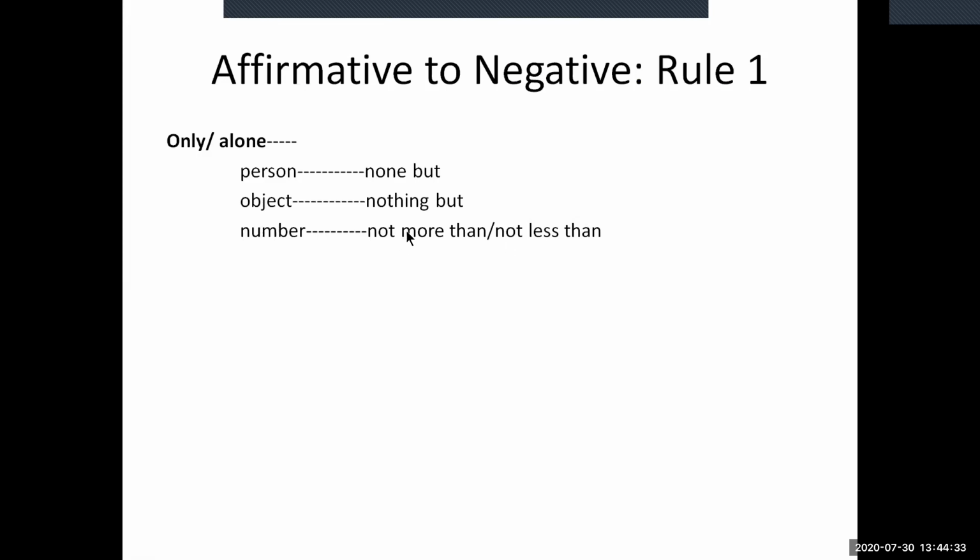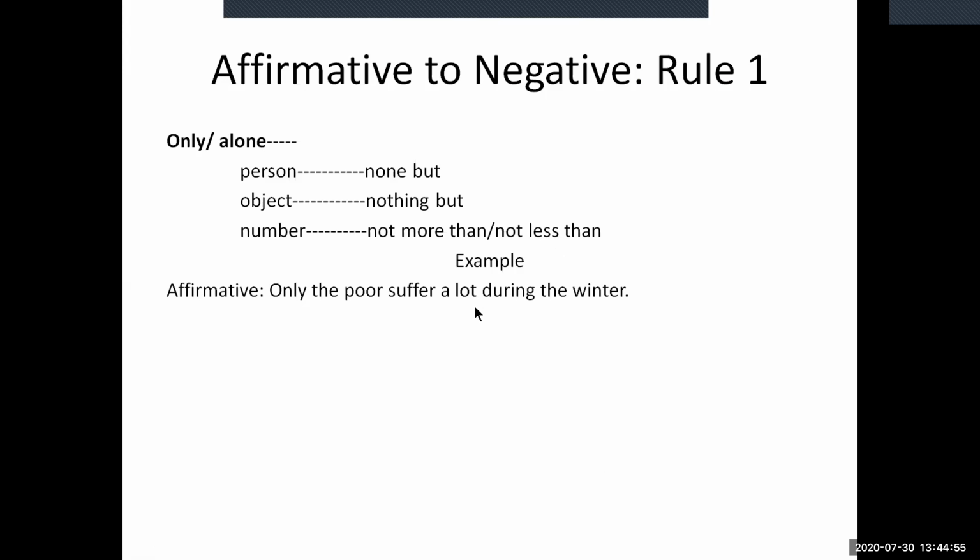So to remember, if only or alone means persons, then our negative will be none but. If only or alone refers to object, the negative will be nothing but. If only or alone refers to number, we can make the sentence negative by using not more than or not less than. Let us see an example.